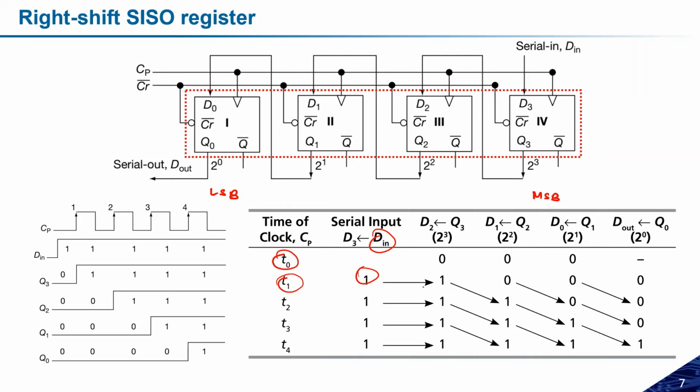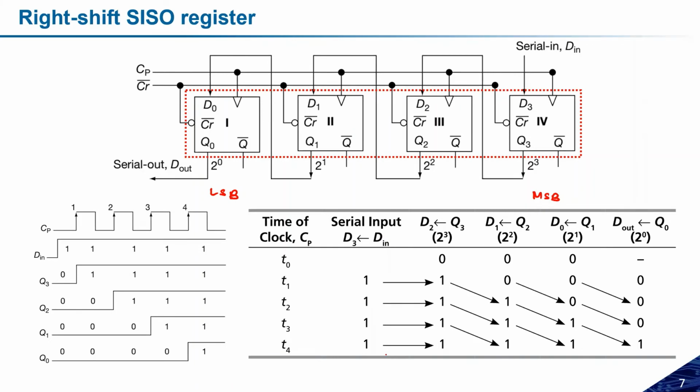This 1 will be shifted to D3, and the 0 0 0 will be shifted by 1 bit, and so on. So this is how the shifting is possible here. This is very easy, so I do not need to explain it in detail.